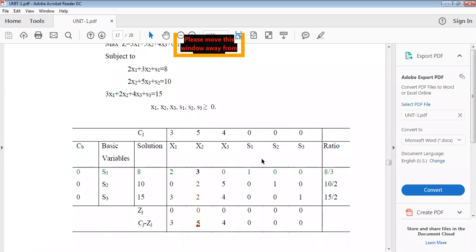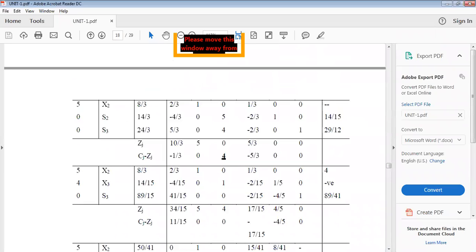So from these elements, you have to subtract. 3, 5, 4.